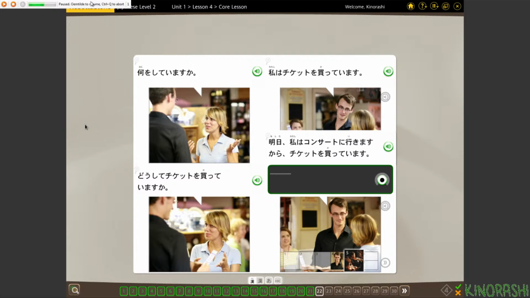Oh, it also means tomorrow. That explains why this voice actor used asu instead of ashita, which was written. It has the same kanji. Asu versus ashita.